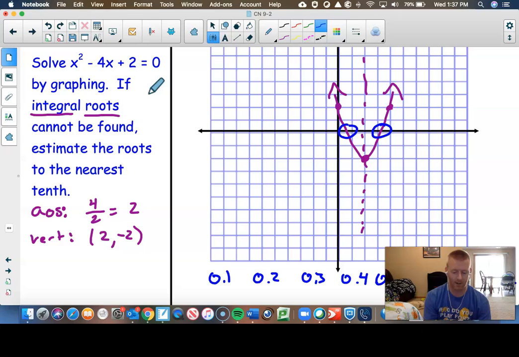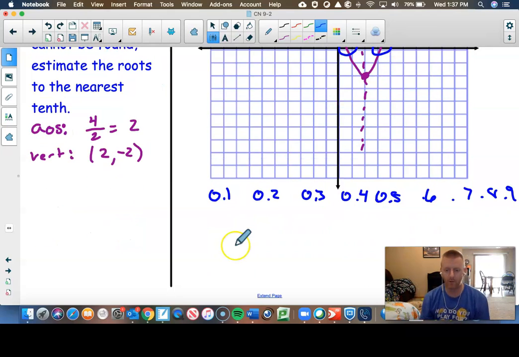So in my calculator, I have parentheses 0.4 squared, minus 4 times 0.4, and then plus 2. And that answer was 0.56. So underneath the 0.4, I'm going to write down 0.56.